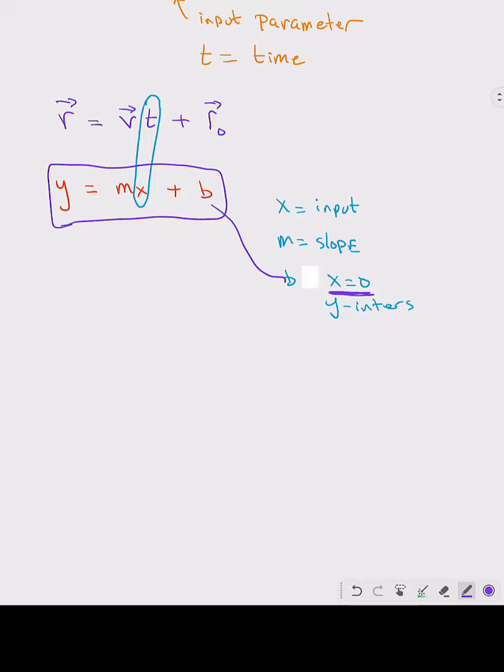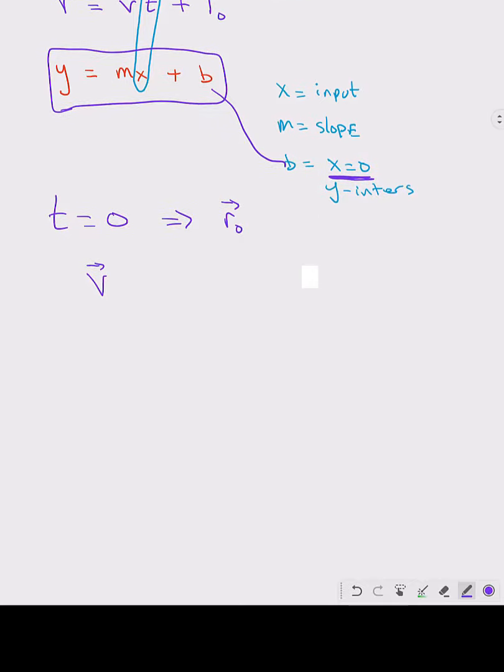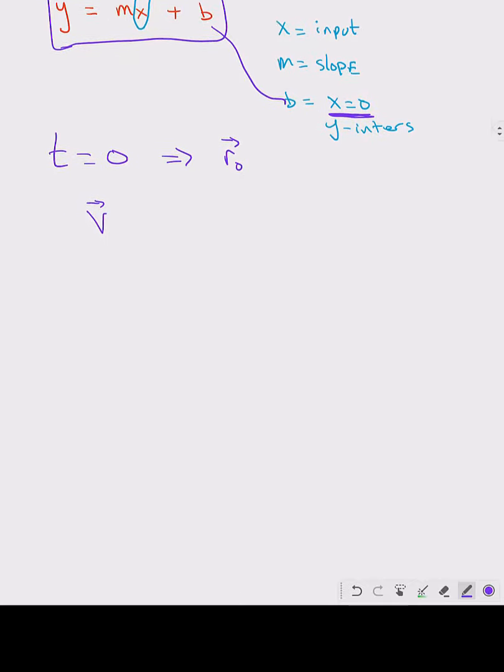And so if we think about when t equals 0, then we get the r naught. Then we have to find the v, but finding the v is not difficult, and it's not exactly like finding the slope, but it's very similar.